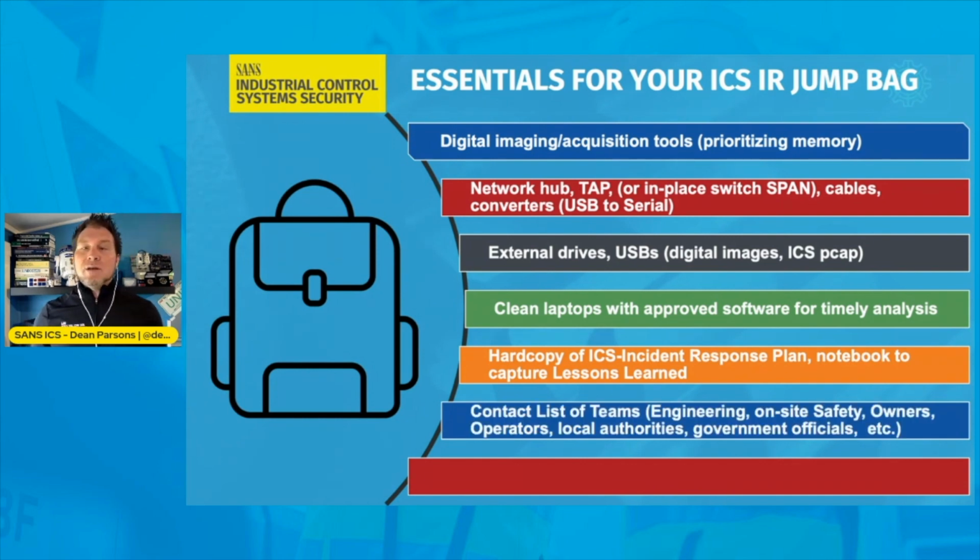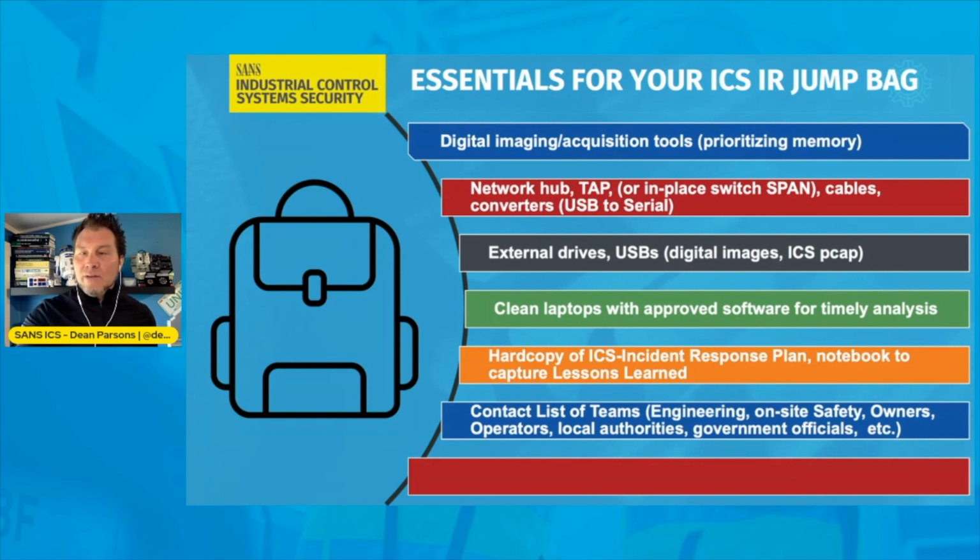The contact list of all the teams should absolutely be available to you at your fingertips. If not in your phone or device, absolutely it should be printed out, again, a hard copy version in your jump bag. So the contact list for teams like engineering, your on-site safety teams, owners, operators for site, even your local authorities and government officials may be required if you're critical infrastructure or have relationships such as threat intelligence relationships with these kinds of entities.